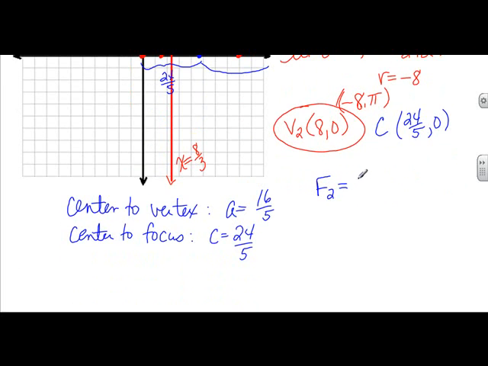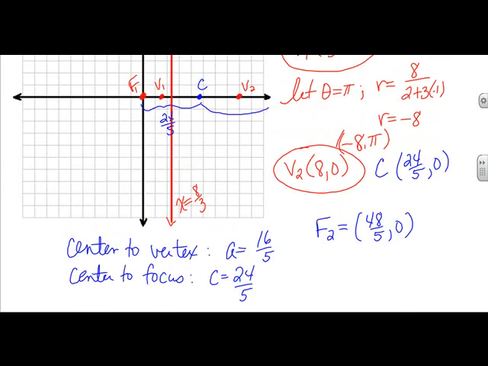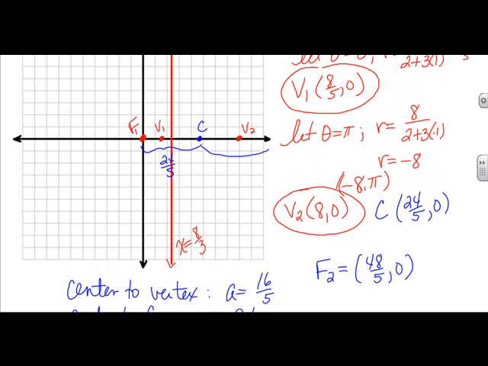That's 9.6, so about right there. Almost off of where I've got room. Okay, so focus F2 is at 48/5.